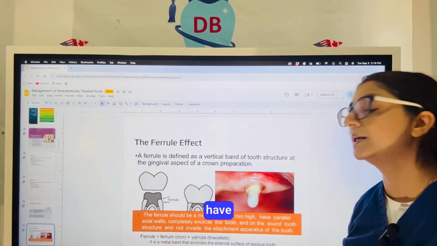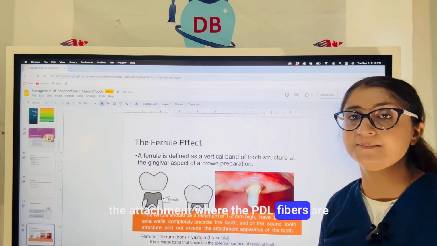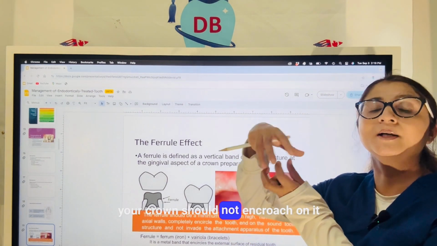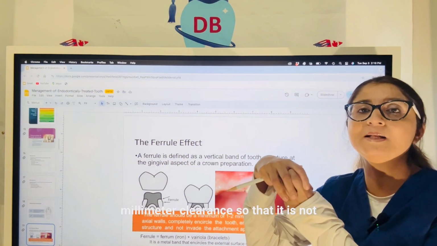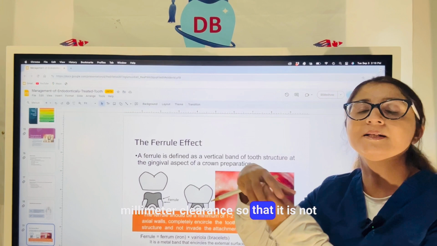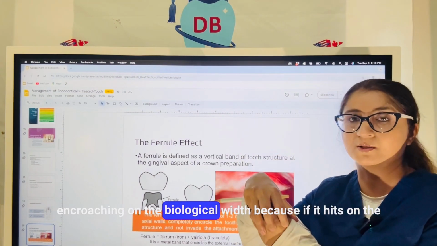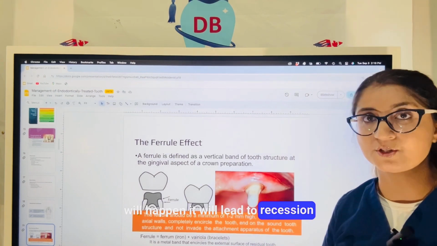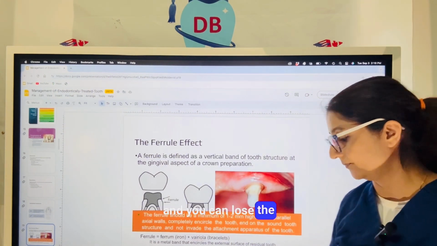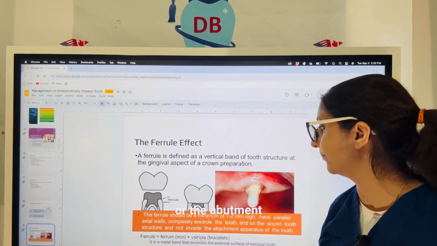So, where you have the attachment, where the periodontal fibers are attached, your crown should not encroach on it, right? So, crown should always have at least 3 millimeter clearance so that it is not encroaching on the biological width, because if it hits on the biological width, what will happen? It will lead to recession and you can lose the tooth or the abutment.